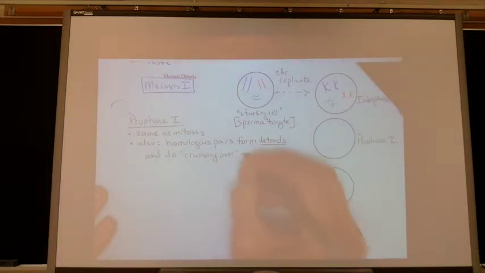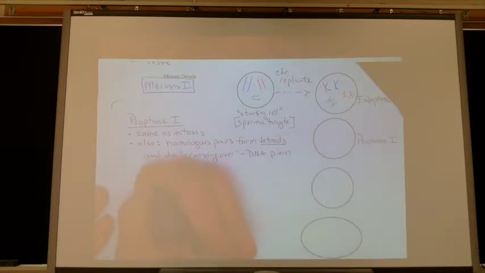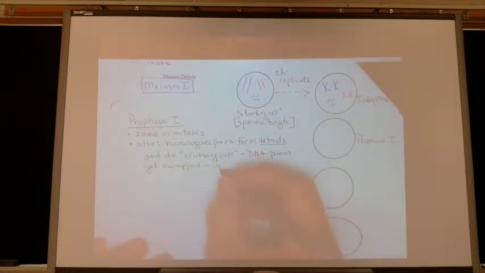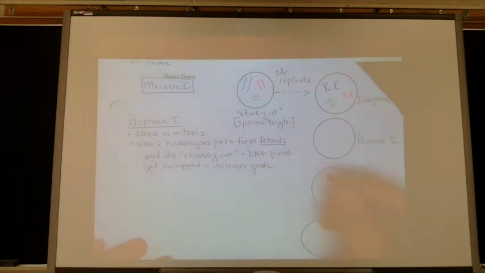They actually swap DNA pieces, so little bits of DNA switch from one chromosome to the other. So DNA pieces get swapped. This sounds strange. The reason this is important, though, is because you'll increase different combinations of genes, and that increases genetic diversity. So there's a benefit to this: genetic diversity.